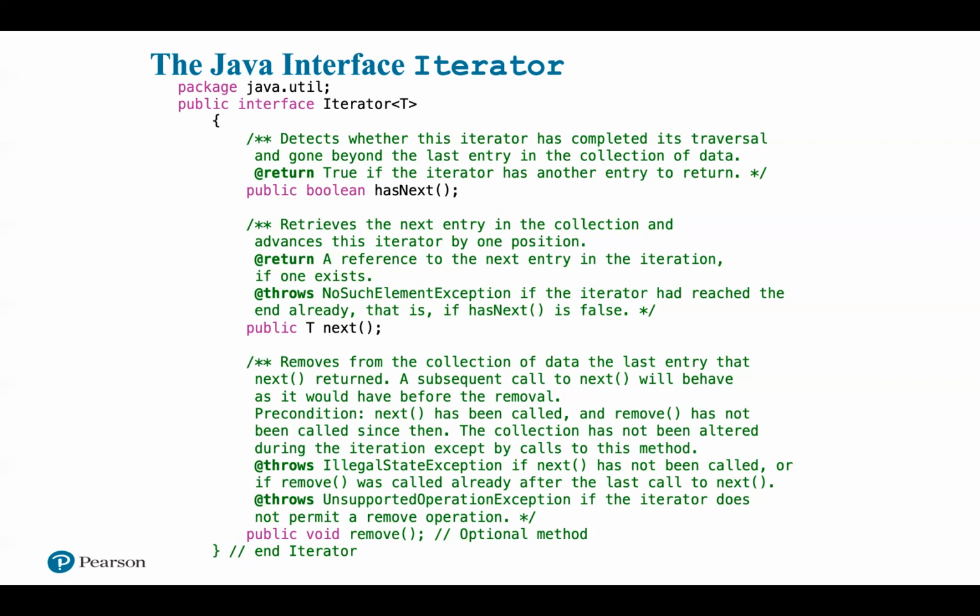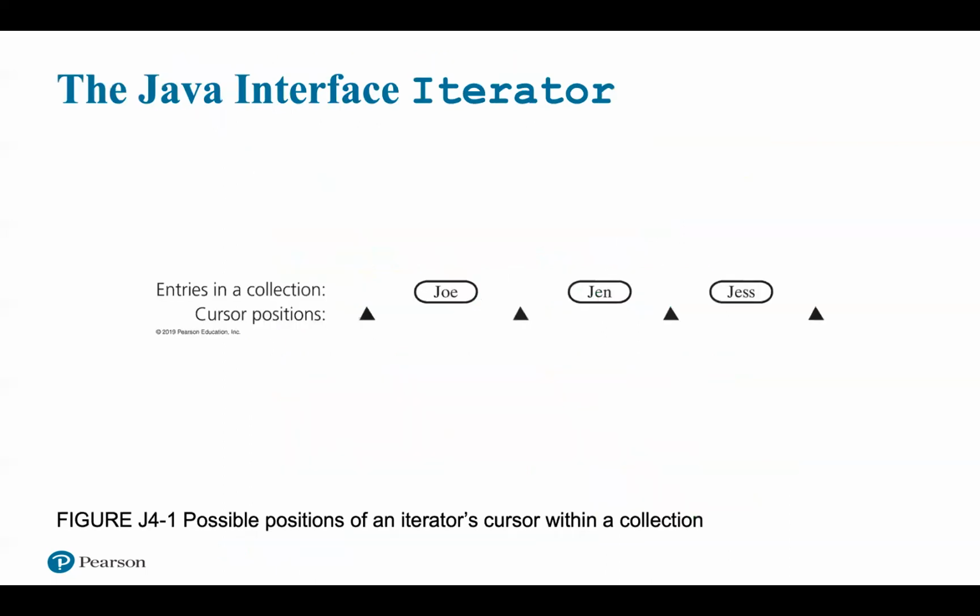Here is the listing. An iterator marks its current position within a collection, much as your finger can point to an entry in a list or to a line on this page. However, in Java, the position of an iterator is not an entry. Instead, it is positioned either before the first entry in the collection, between two entries, or after the last entry, as the figure illustrates.